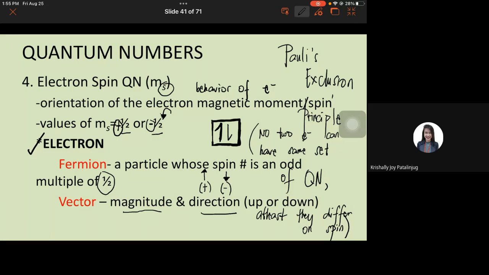That's why I only write it this way, an arrow that is half-headed. So upward orientation, that's positive one half, then downward orientation, that would be negative one half. All right, so that's all for the quantum numbers.